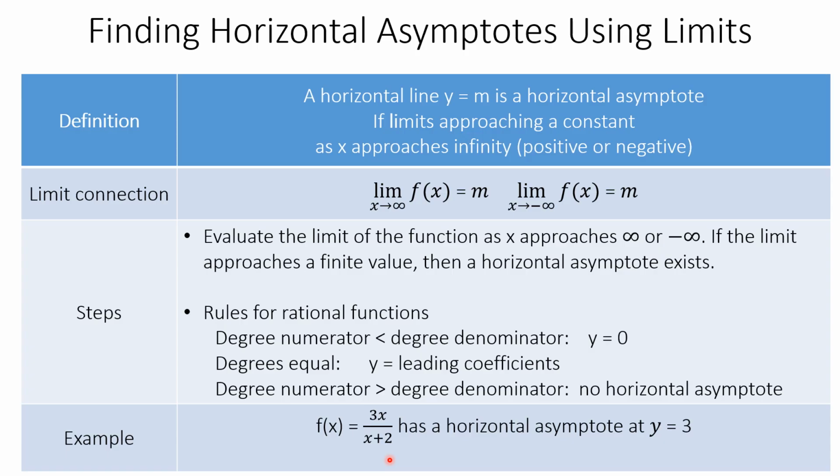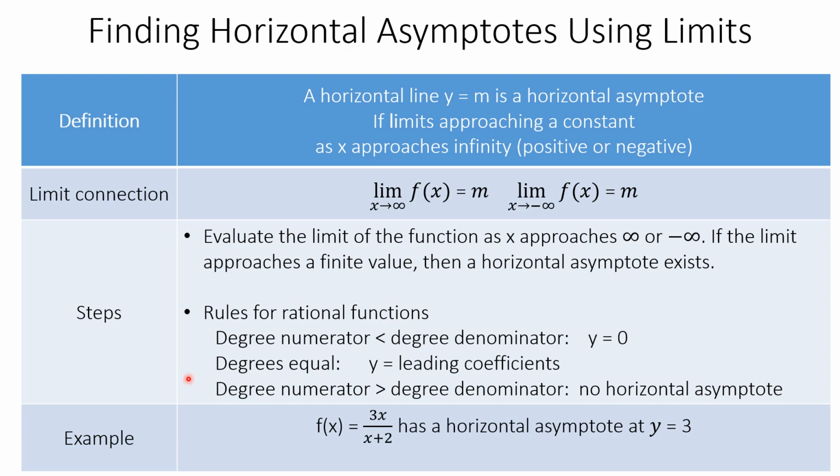Now take x equals 100. Now we get 300 over 102, and that gives us 2.94. So we're getting closer to something. If we replace x by 1,000, we get 3,000 over 1,002, which gives us around 2.99. So it's clear we're getting closer to 3, right? But to prove it even more, you can look at these rules, but formulas too.